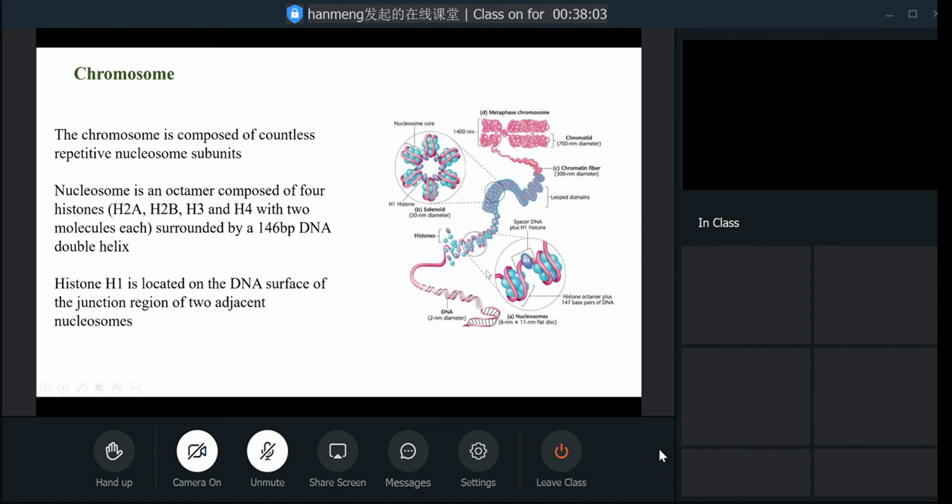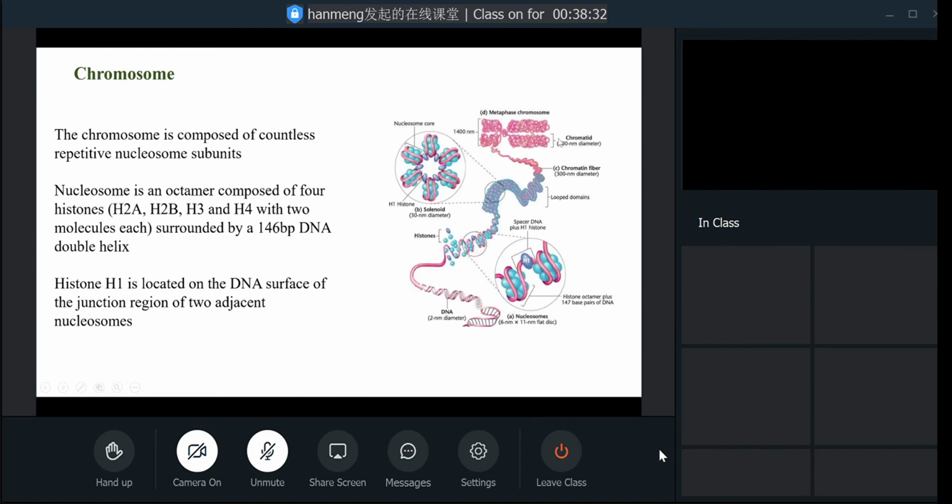Then it condenses and packages into the solenoid with 6 nucleosomes. Then it forms a chromatin fiber with a 300 nanometer diameter.